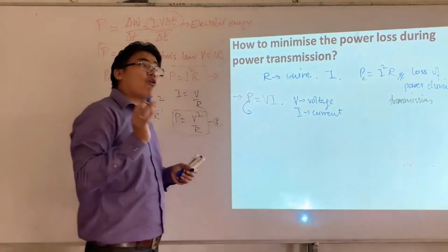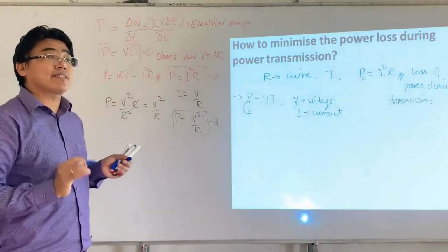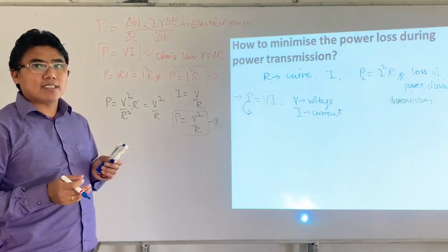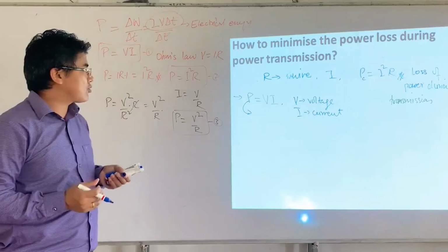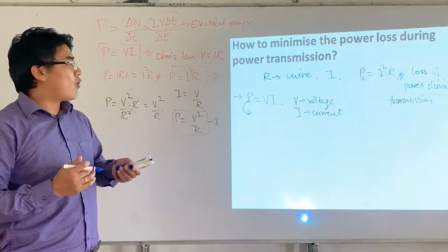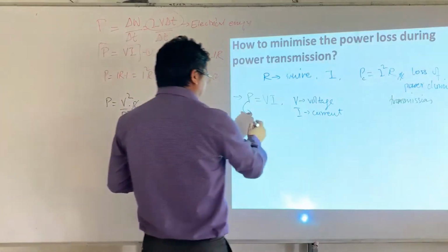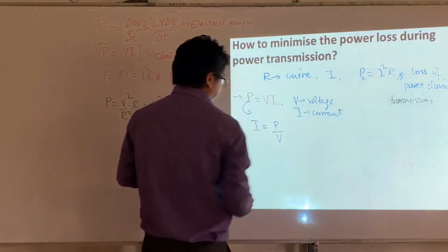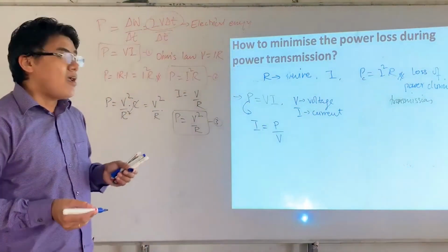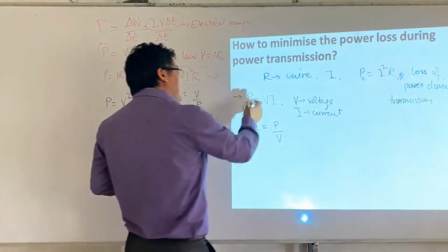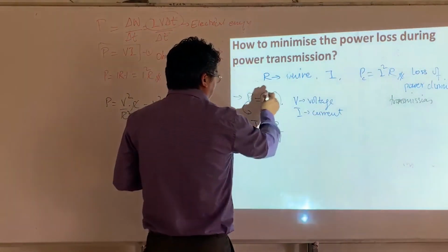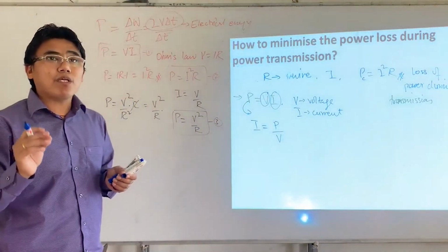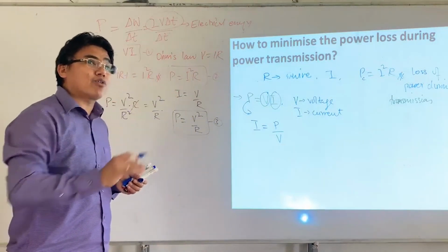How much power you are going to send from a powerhouse is fixed. So the voltage is also fixed, with what voltage and what current you send out. So current can be written as P by V. What we can change is the voltage and the current, but P should remain the same, because P is the power with which the powerhouse sends out.